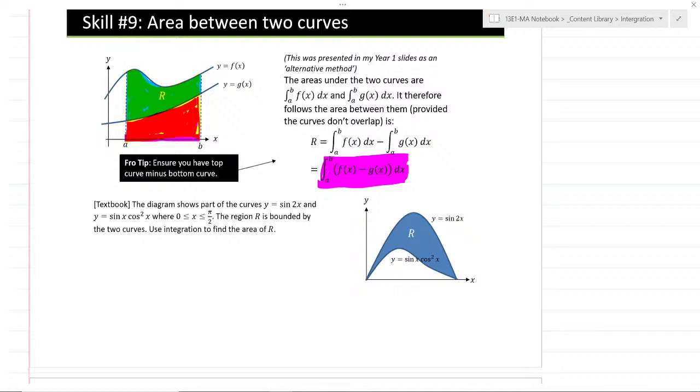Let's have a look at this one here then. The diagram shows the curves y equals sine 2x and y equals sine x cos squared x, between 0 and pi over 2. You could, if you wanted to, do these separately.